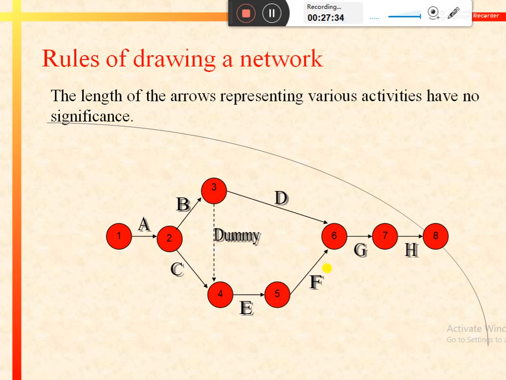So the length of the arrow has nothing to do with the significance of the activity or the time taken by any particular activity. So the length of the arrows have no significance as far as the analysis of the network is concerned. So you can take any length of the arrows while drawing a network.